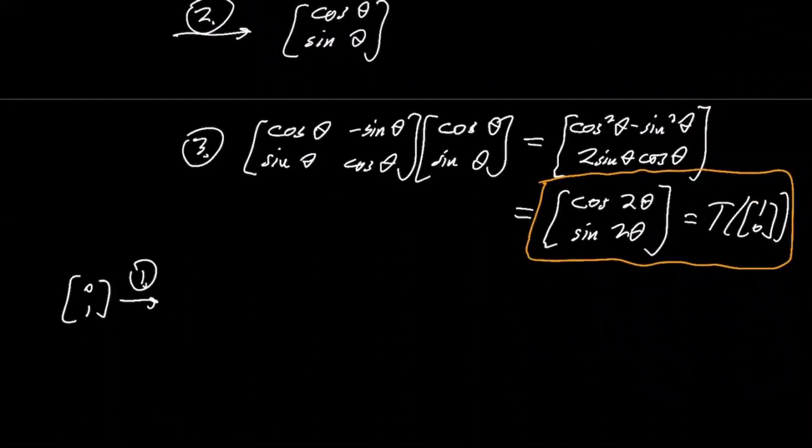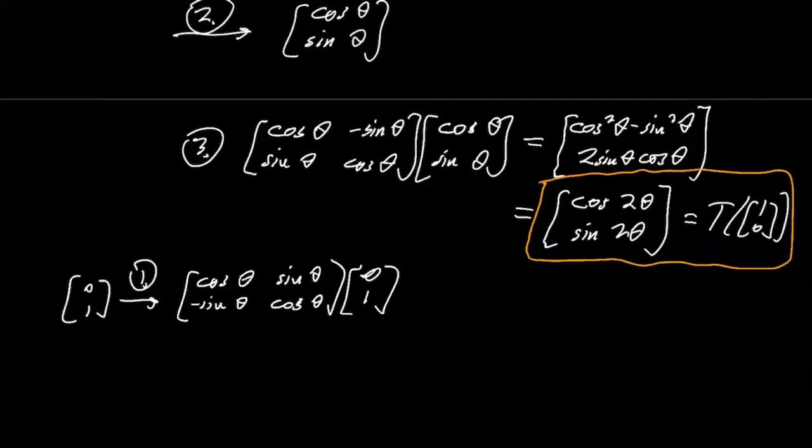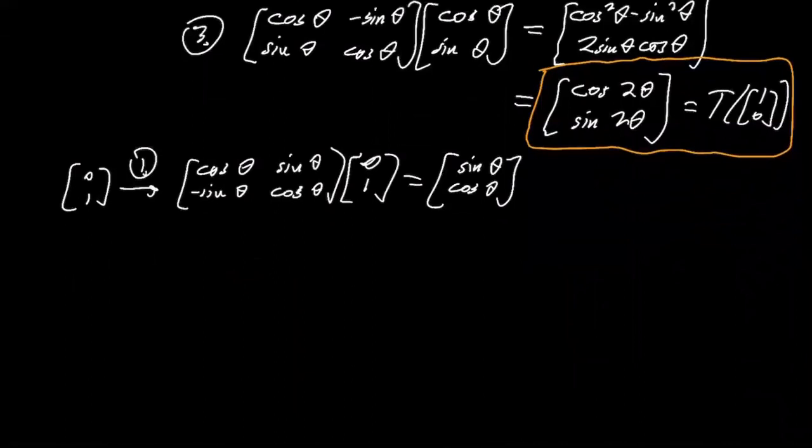So this is the matrix cosine theta, minus sine theta, sine theta, cosine theta, times 0, 1, and that gives me just the second column, sine theta, cosine theta. Then we're going to reflect across the x-axis again, which makes the y-coordinate negative. So that's going to be sine theta, negative cosine theta.